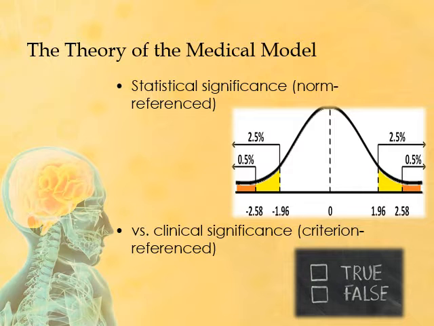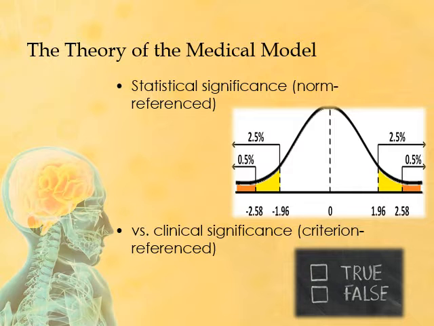Okay, moving on. So we're talking now about statistical versus clinical significance. This is very important to understand when we are looking at how diagnoses are made in the DSM. You may recall from your assessment class that when we look at research studies, when we look at using assessments, typically we diagnose based on what's called T-scores, or usually a standard deviation of 2 above or below the mean. So a T-score of 70 or a T-score of 30.